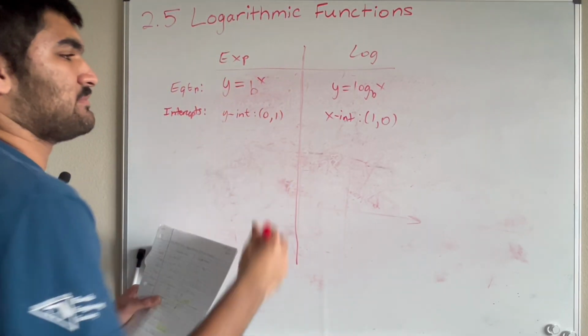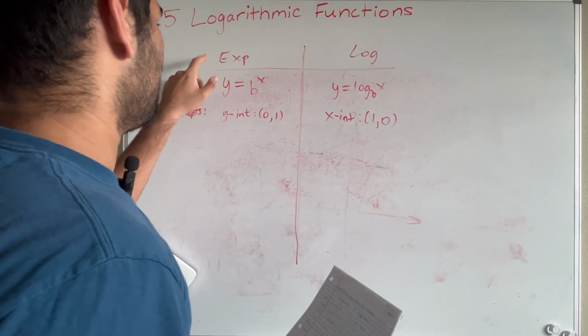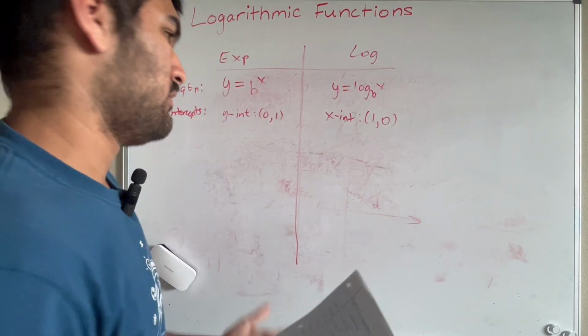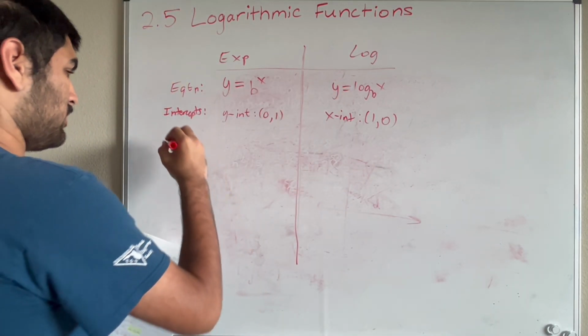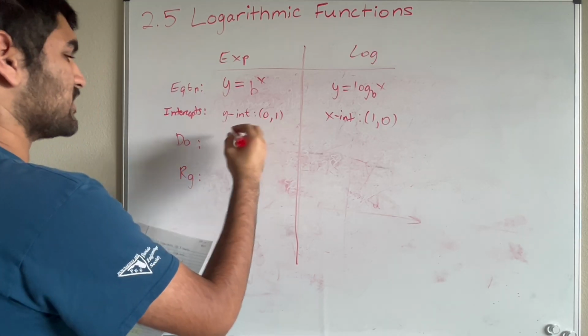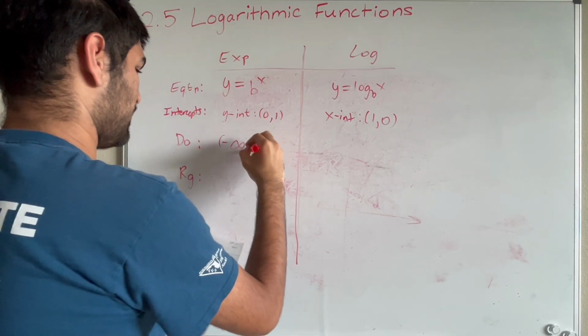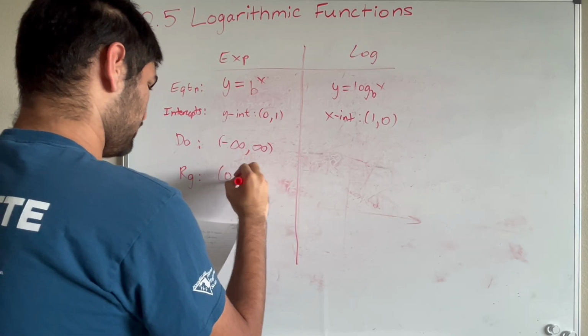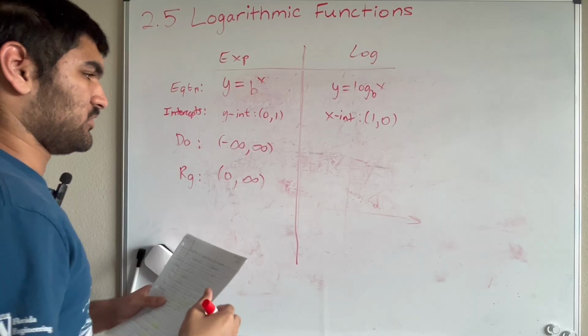This goes back to the same idea: if (0, 1) is on the graph of exponential, then if you switch it, (1, 0) has to be on the graph of log. And then domain and range. The domain of exponentials is all real numbers, negative infinity to infinity, and the range is 0, not included, to infinity. Again, this is for the parent function.